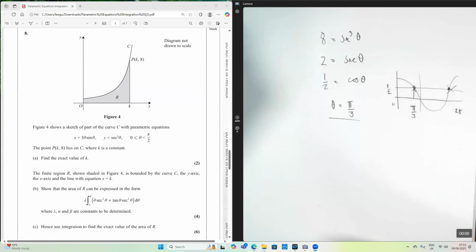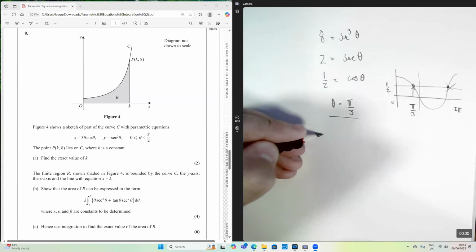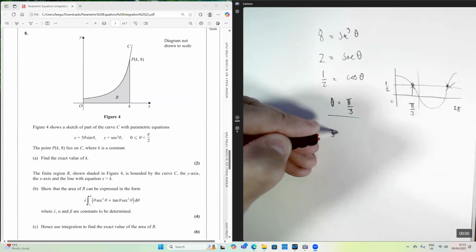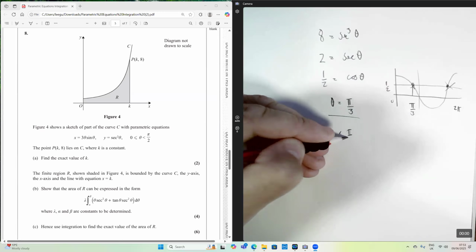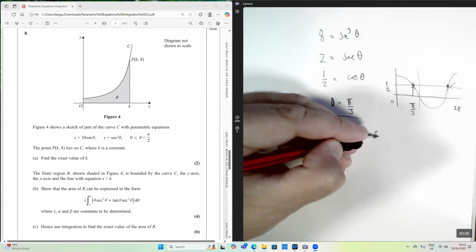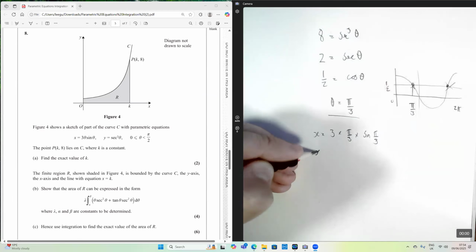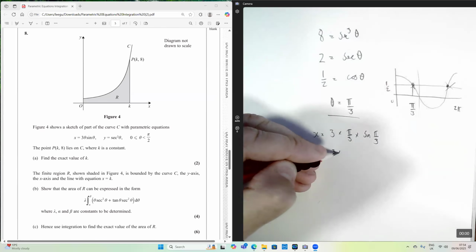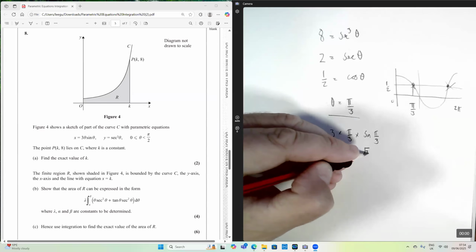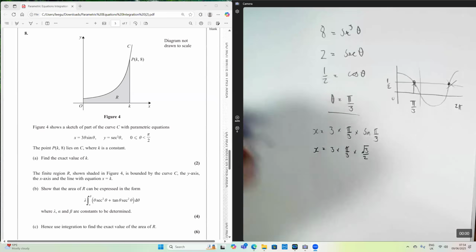So we take that value of theta and sub that into our x equation in order to find out what k is. So we're going to have 3 times theta, which is pi over 3, times sine of theta, which is sine of pi over 3. So x is equal to 3 times pi over 3 times root 3 over 2.